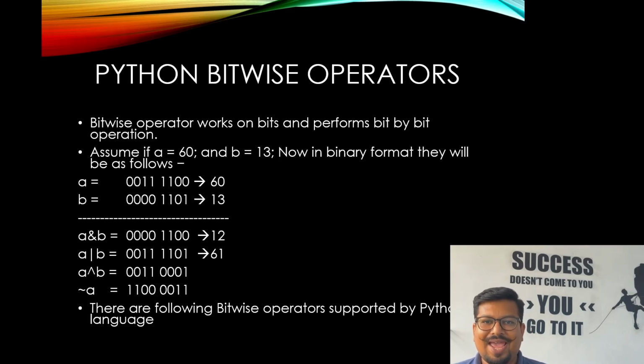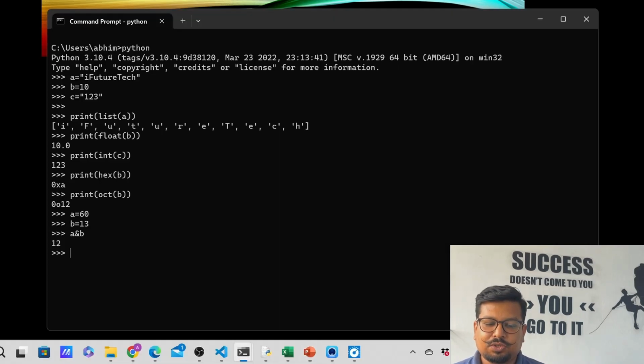So if you do A or B, here only false or false is going to give you false. Rest all the combinations you are going to get the true value. So if you perform the operation for OR, I am going to get the value as 61. So if I just do A or B, then I'm going to get the value as 61.